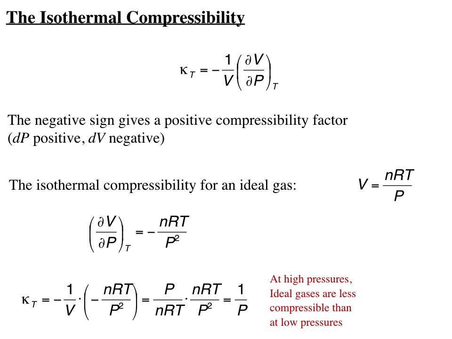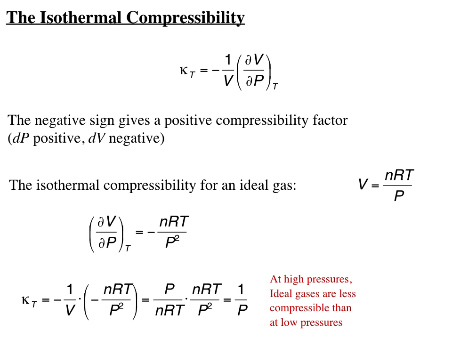It is defined as minus 1 over V dV dP at fixed T. Now again, just by dimensionally analyzing that expression, the volume units cancel, and I'm going to have 1 over pressure units that these isothermal compressibilities are going to be measured in.